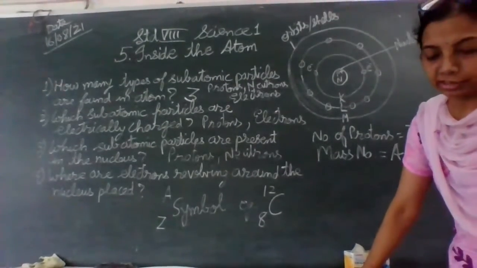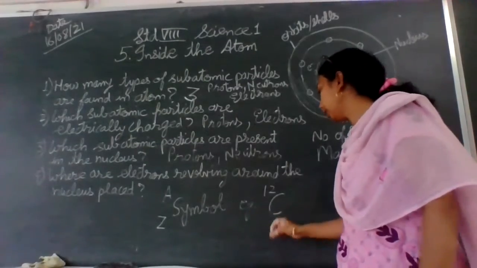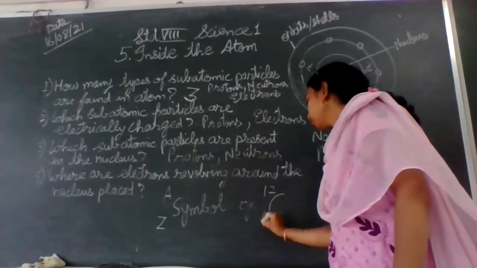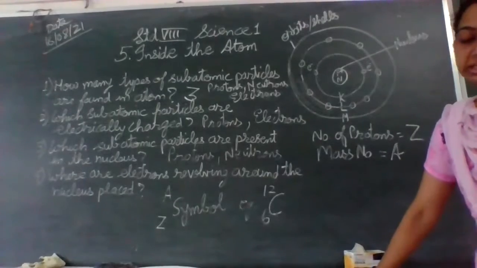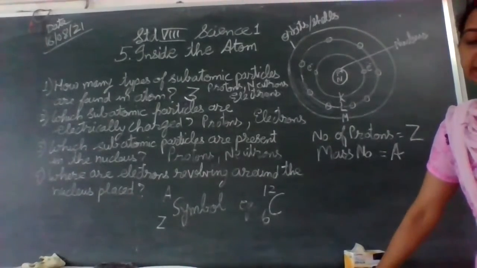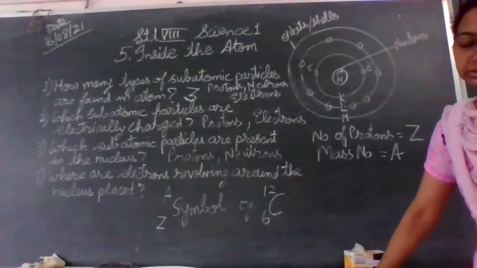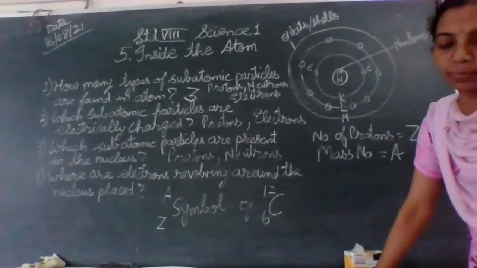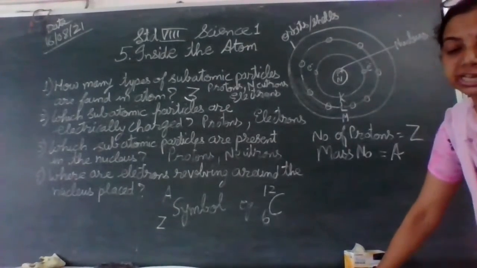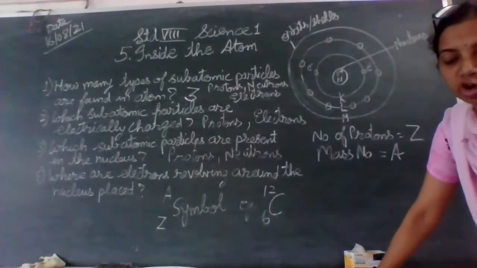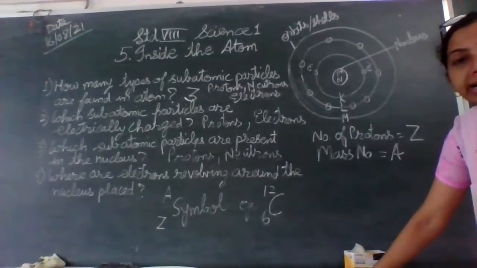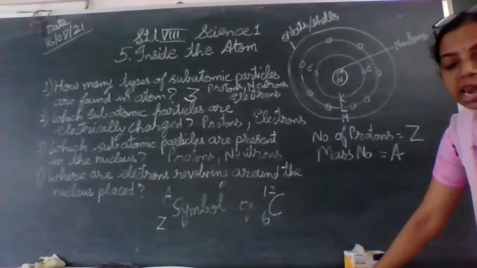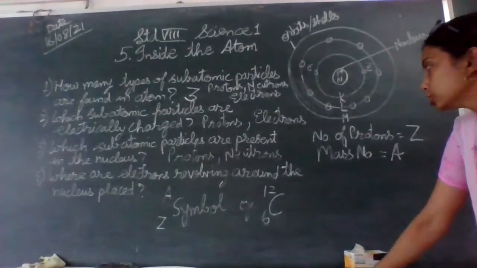It is also learned that the nucleus of carbon contains 12 minus 6 neutrons.